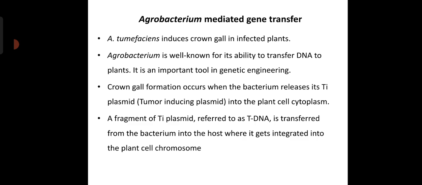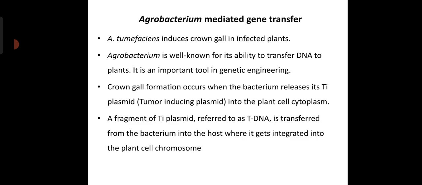Agrobacterium tumefaciens contains an autoreplicative extrachromosomal DNA segment known as a plasmid. The plasmid consists of genes that are transferred to the host plants, and this set of genes is referred to as tDNA. T stands for transferred DNA.